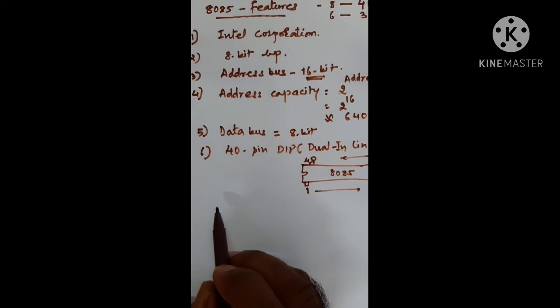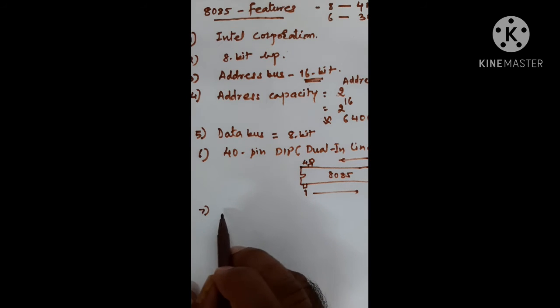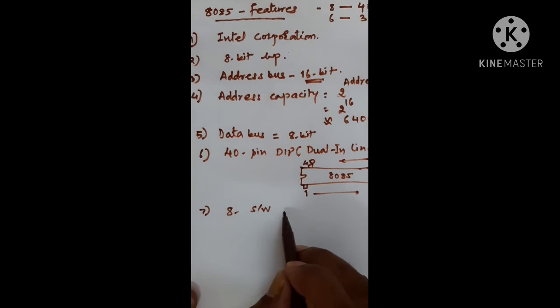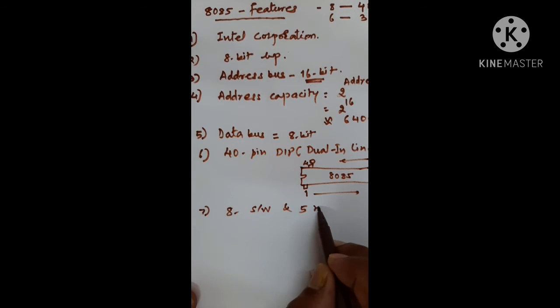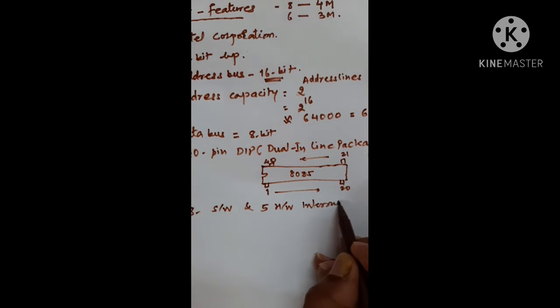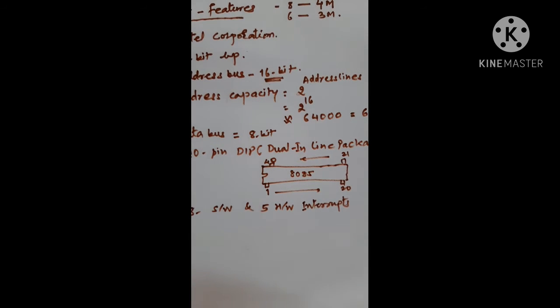Number 7, it contains 8 software interrupts and 5 hardware interrupts. Last year we studied interrupts in unit number 3.